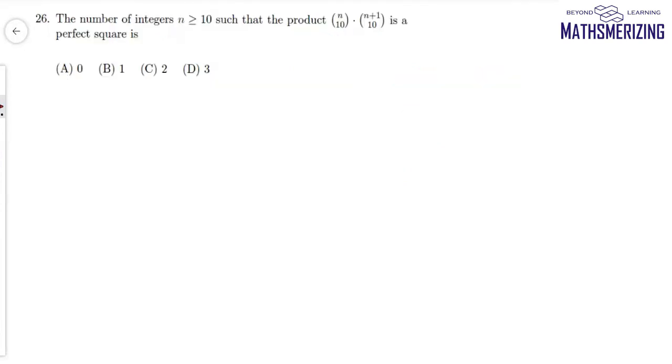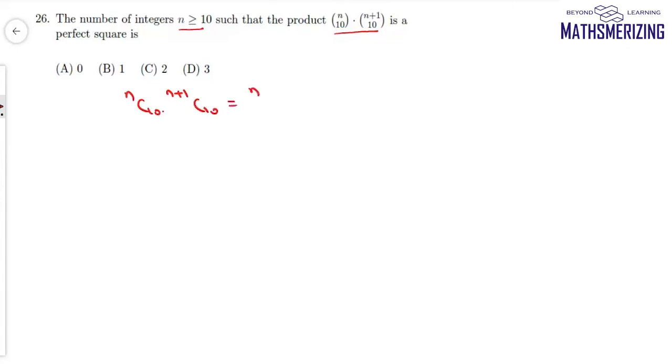Now question number 26, it says we need to find the number of integers n greater than 10 such that this product nC10 into n plus 1 C10 is a perfect square. So we'll write this product, which is nC10 into n plus 1 C10.